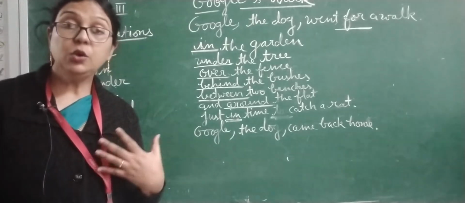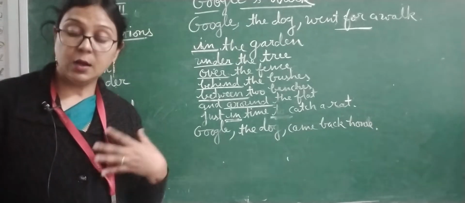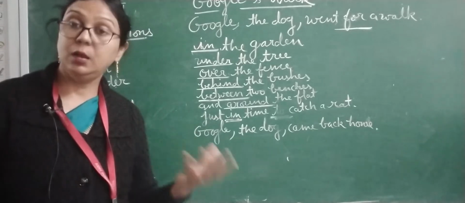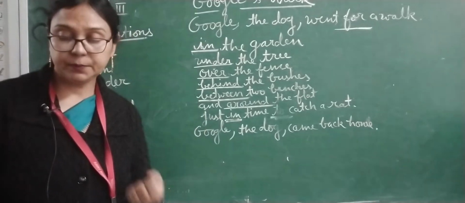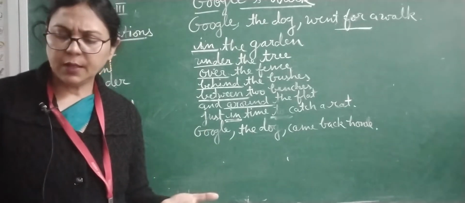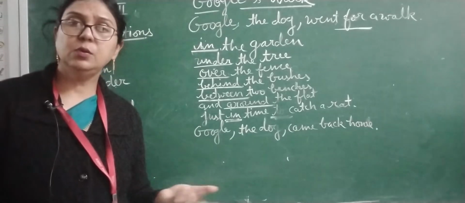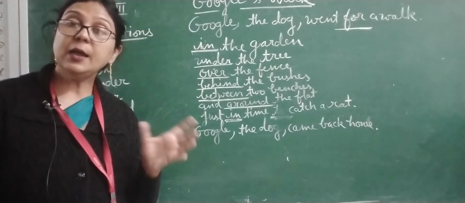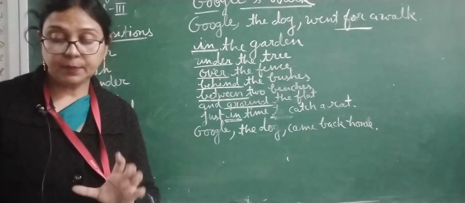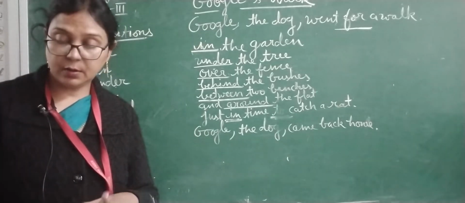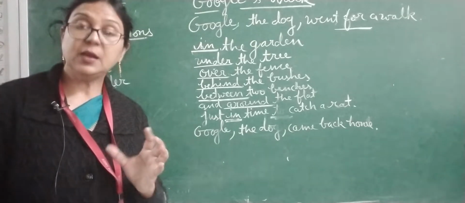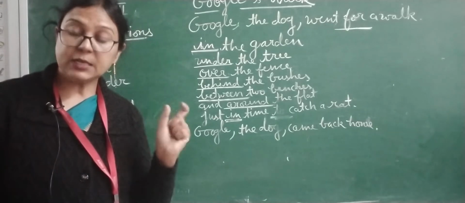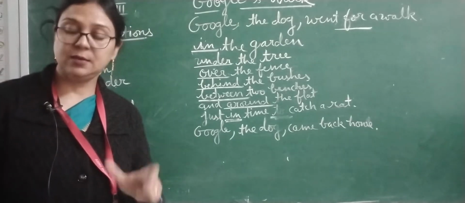Now the third one, you will like this book. Here we are not going to use will. You will like this book. So here there are some short forms for you. In the book, page number 67, you can say I am becomes I'm, you are becomes you're, he is becomes he's, she is becomes she's, it is becomes it's.